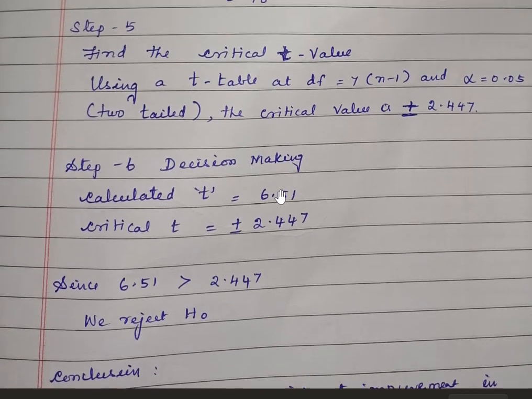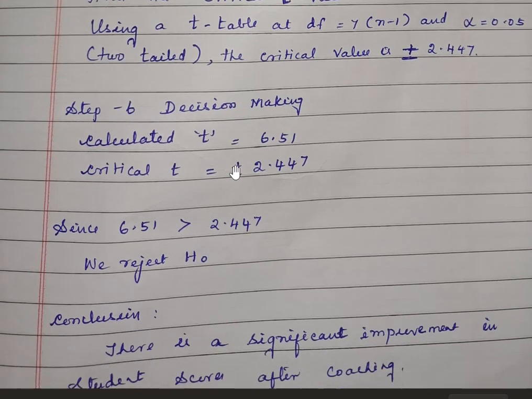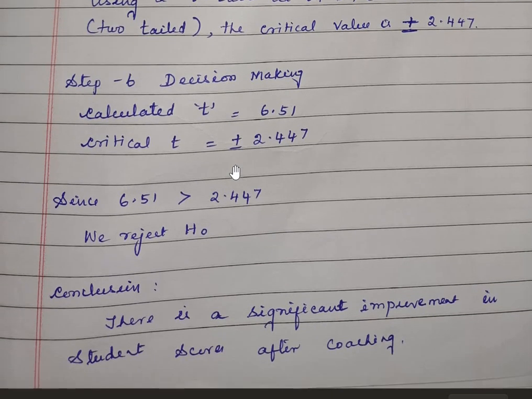Generally, if the calculated value is more than the table value, the null hypothesis is rejected. Here the calculated value is 6.51 and the table value is 2.447, so the null hypothesis is rejected. So we can say that after coaching, there is a significant difference in the performance level of the students. That's why we accept the alternative hypothesis.